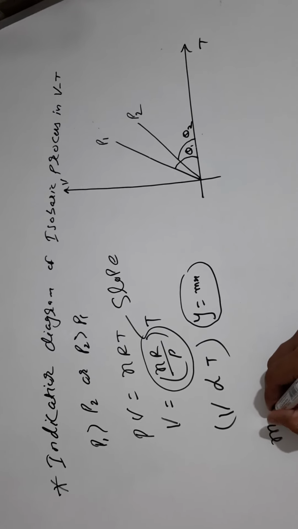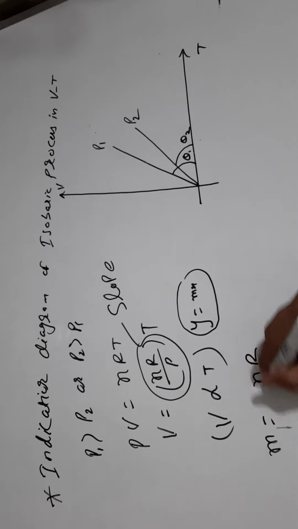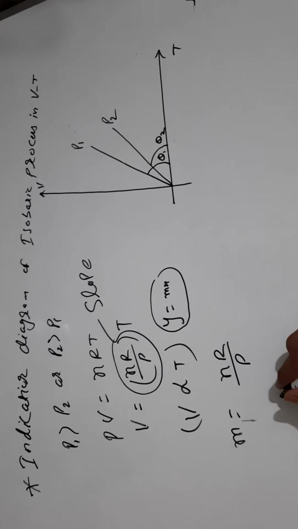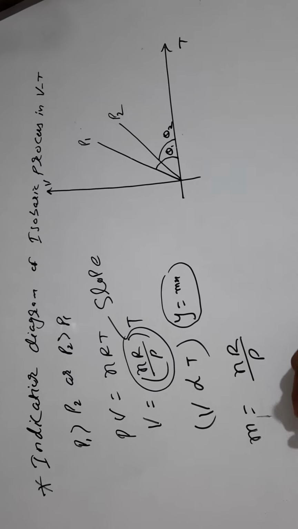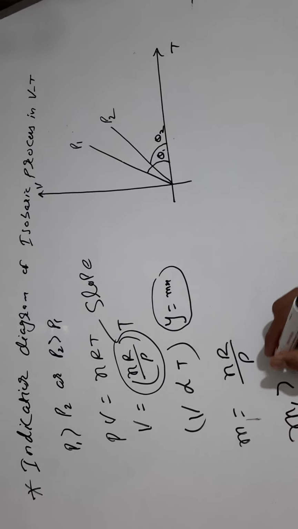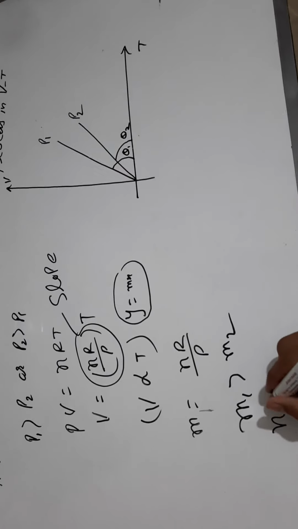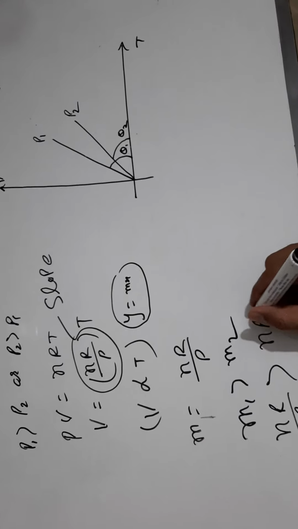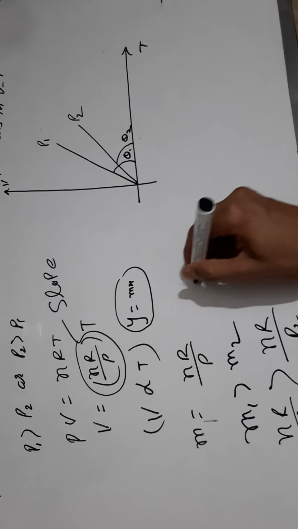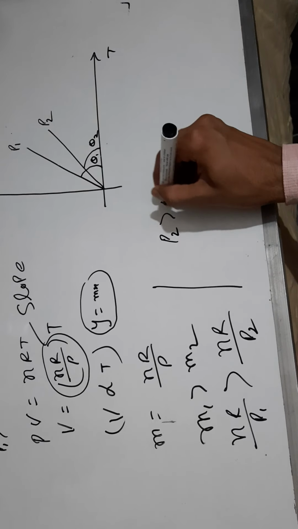Here m is equal to nR upon P. According to this, m1 is greater than m2. Easily write nR upon P1 greater than nR upon P2. Finally, you get the result: P2 is greater than P1.